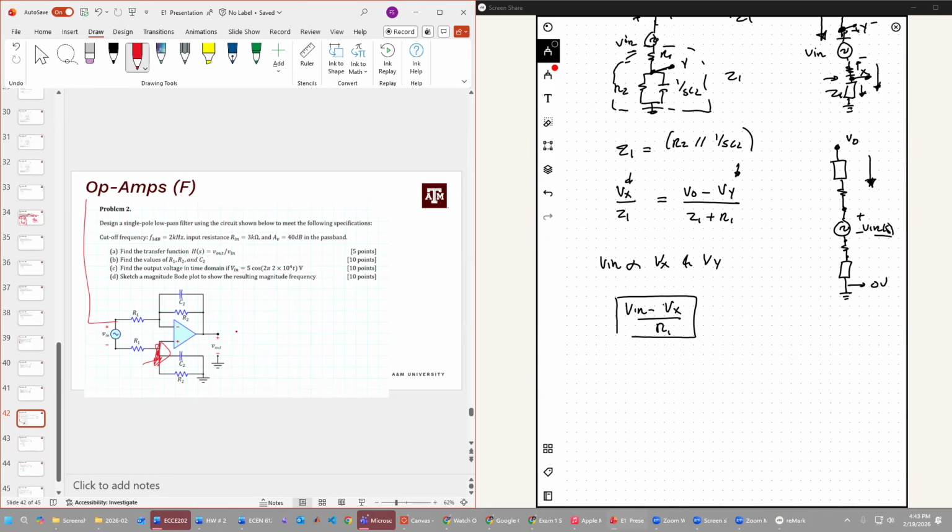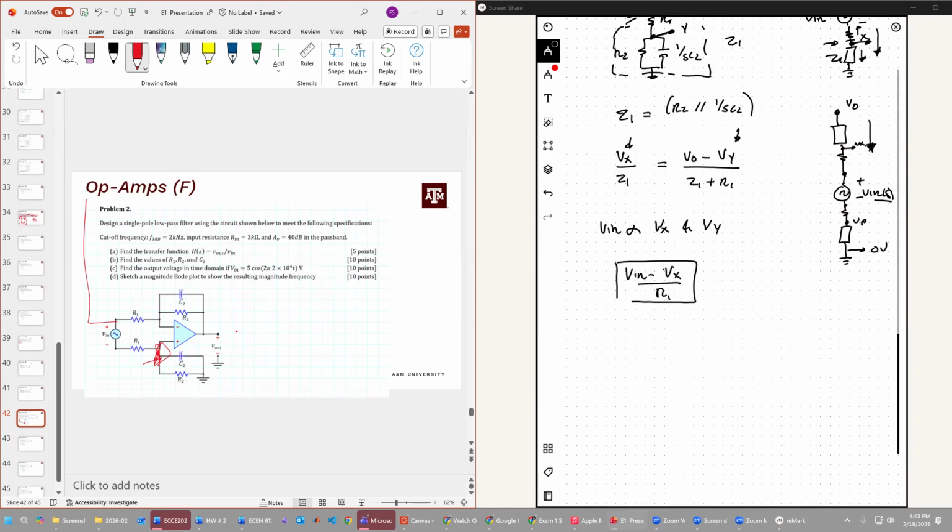And this is in the S domain now. And these points are exactly the same. So Vp minus V0 over X1.